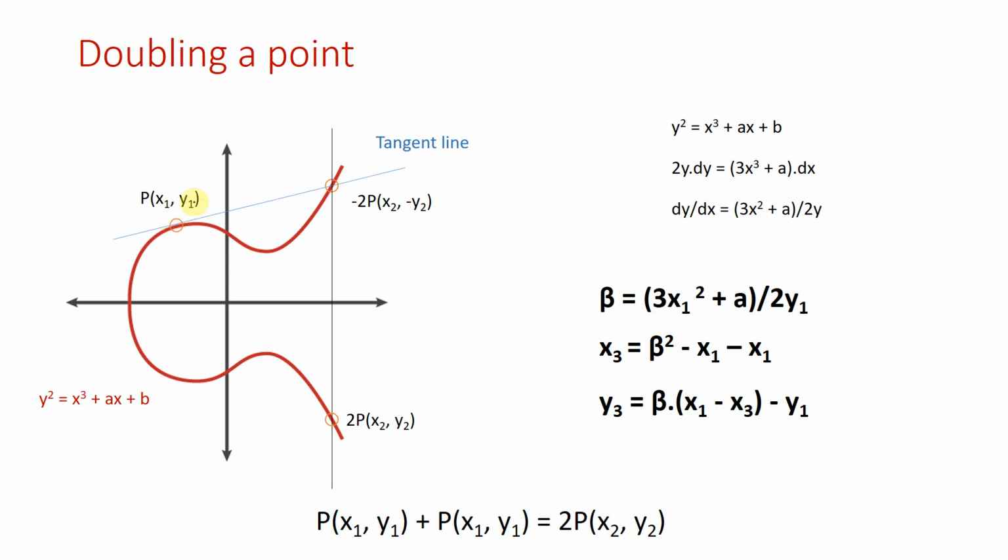If P is the point I would like to double, then I will create a tangent line here. And this tangent line intersects the curve at a new second point, and I will call this minus 2P. And its symmetric about the x-axis will become my doubling point.